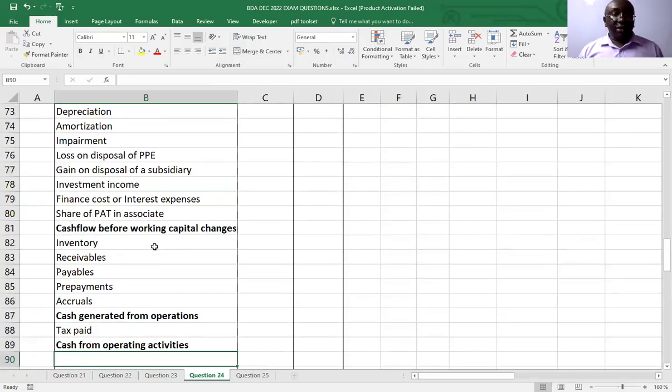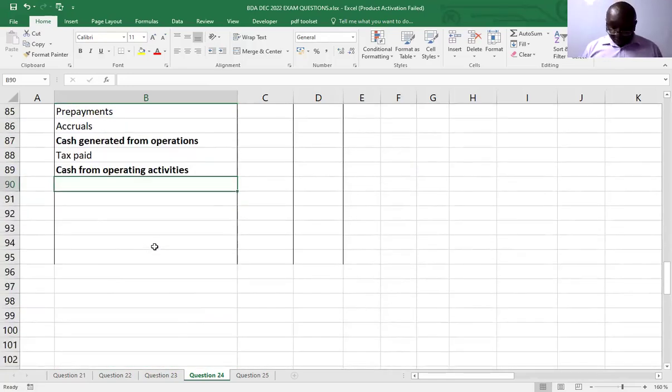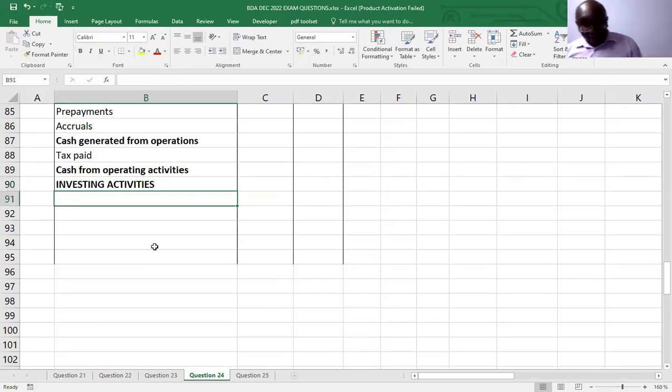This was about operating activities. So let's come to investing. These are items that touch on investing activities. These are items that touch on the current assets, the fixed assets. And here we will have cash received on disposal.